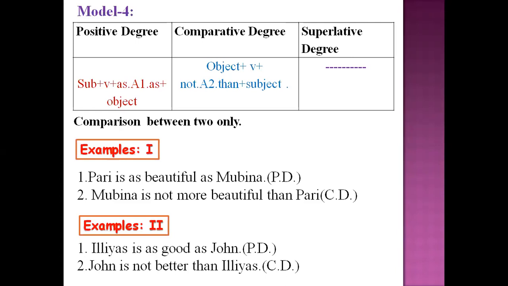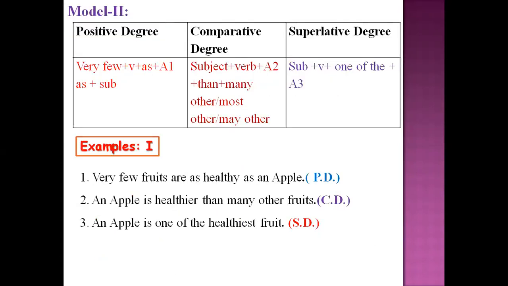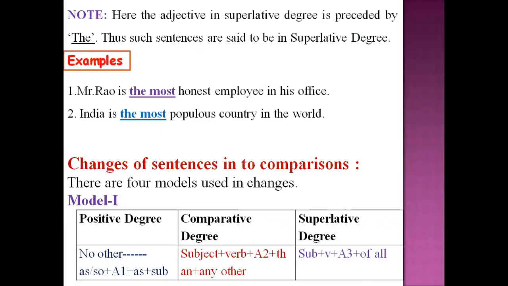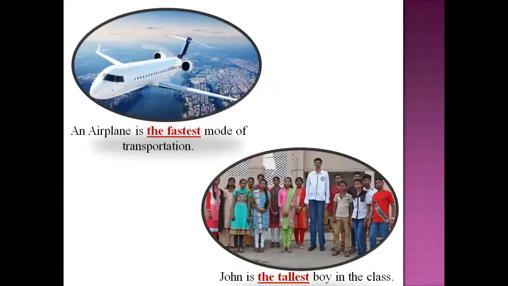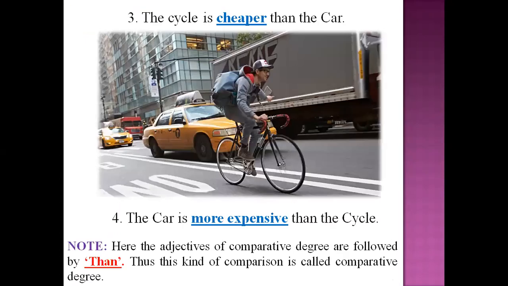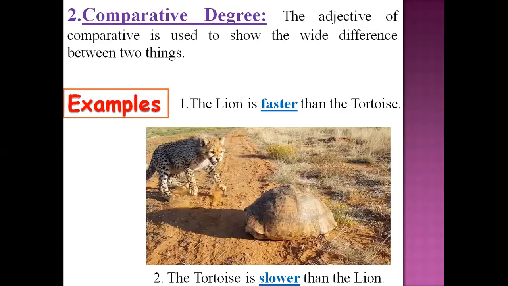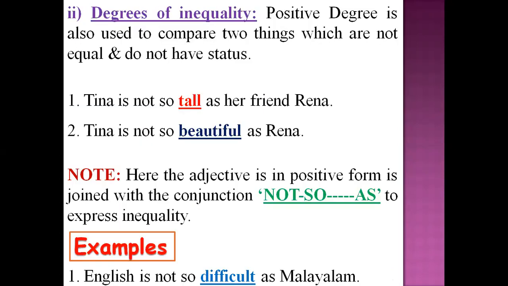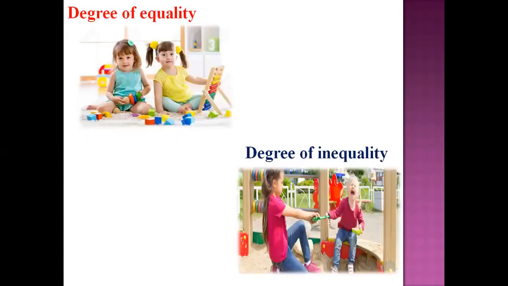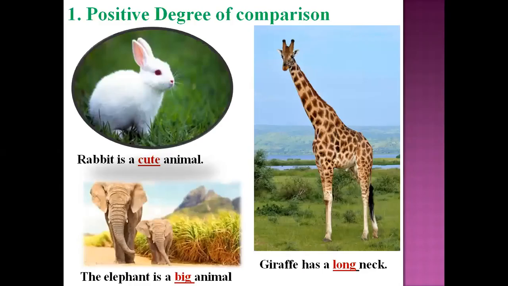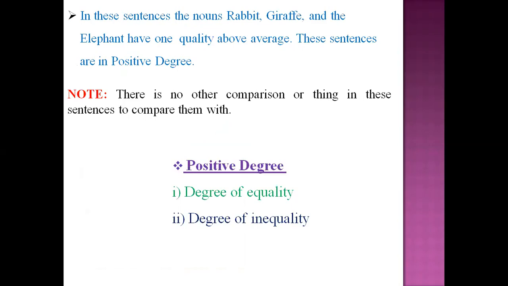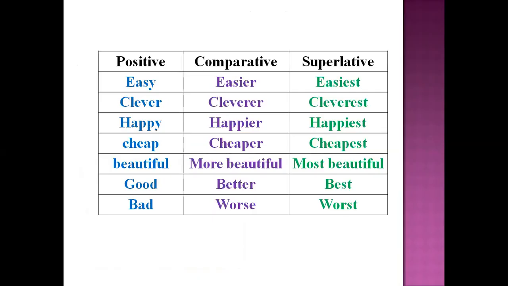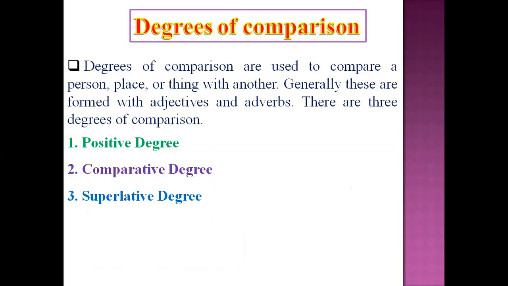In today's video, we covered everything about the topic of degrees of comparison. In conclusion, I'm repeating again that there are three kinds of degrees: positive degree, comparative degree, and superlative degree.